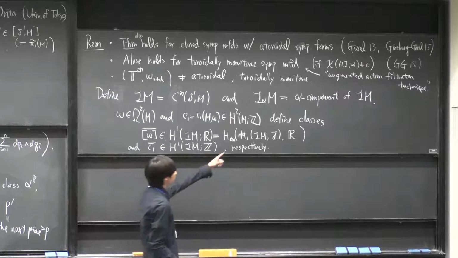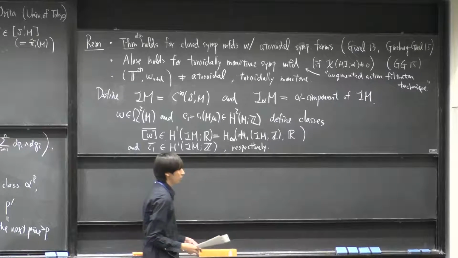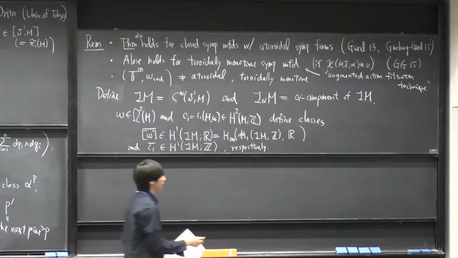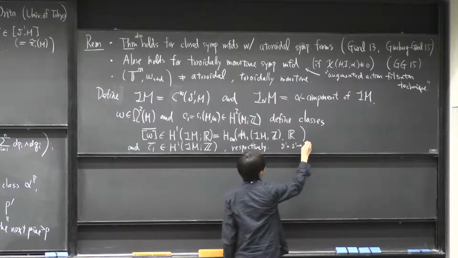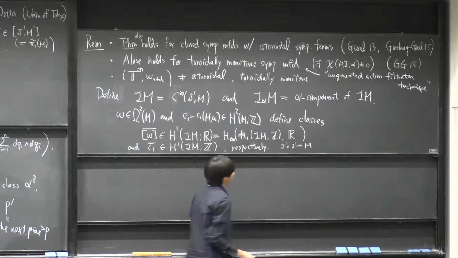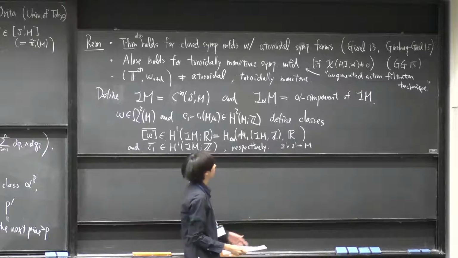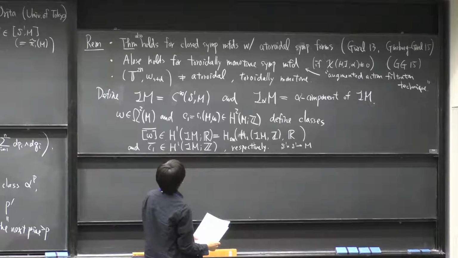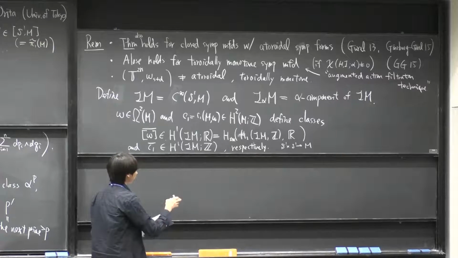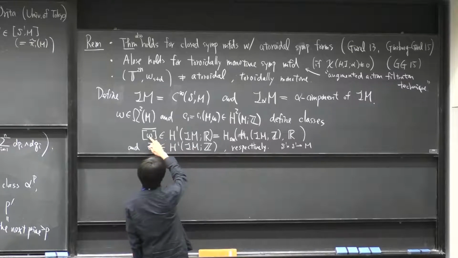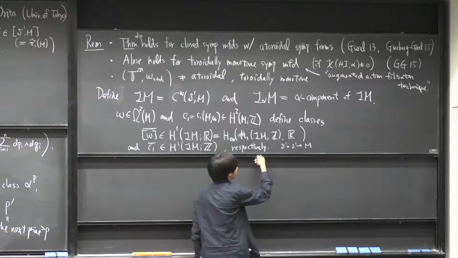Because a class in this first homology group can be represented by a linear combination of maps from the torus, we define this cohomology class by integrating omega over these maps.